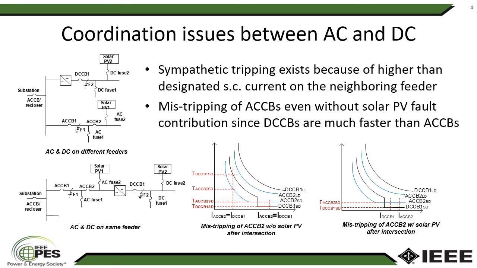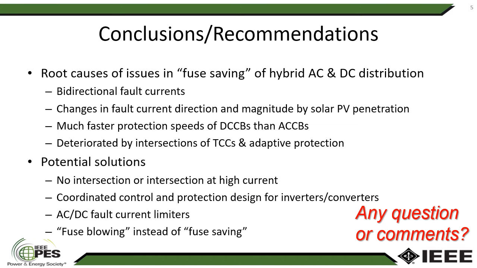For AC and DC on the same feeder, because the DC circuit breaker normally has much faster protection speed than AC, even without solar PV penetration, mistripping or false operation of the AC circuit breaker still occurs.